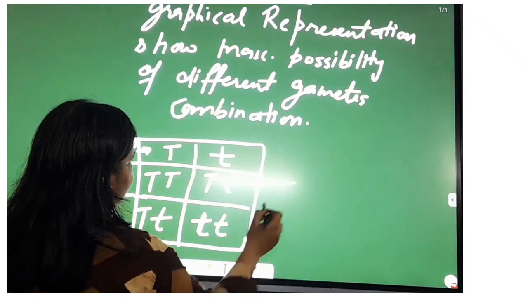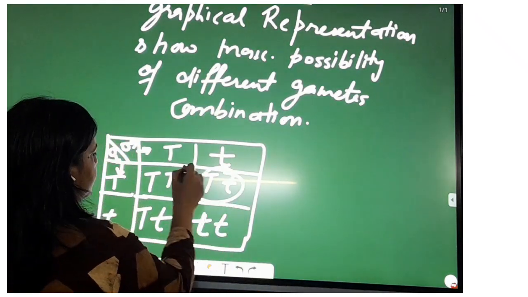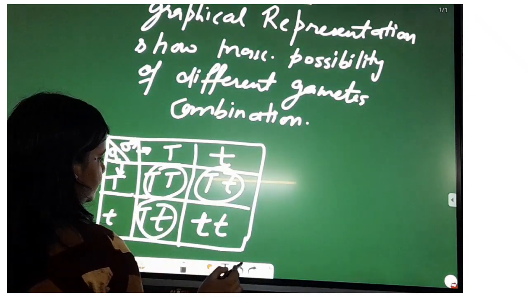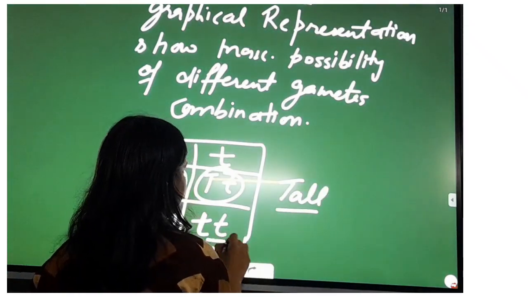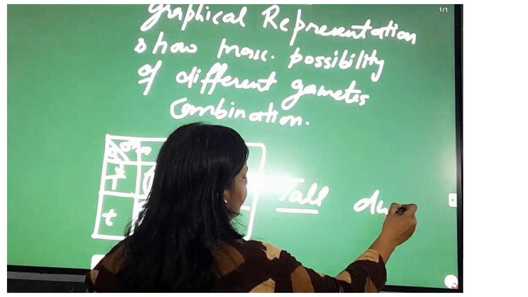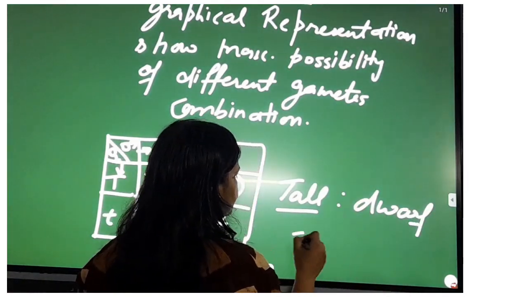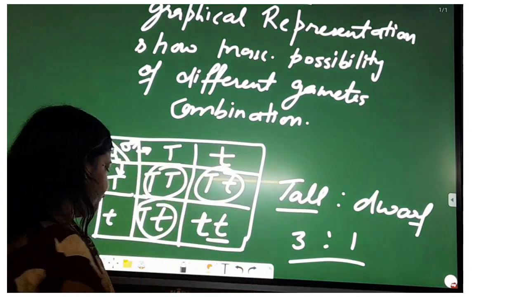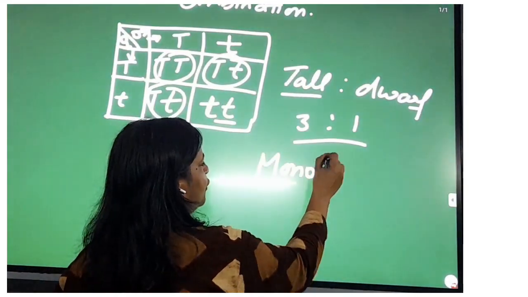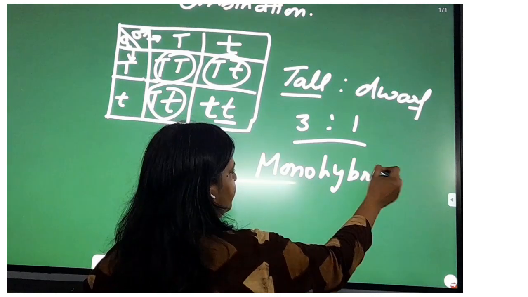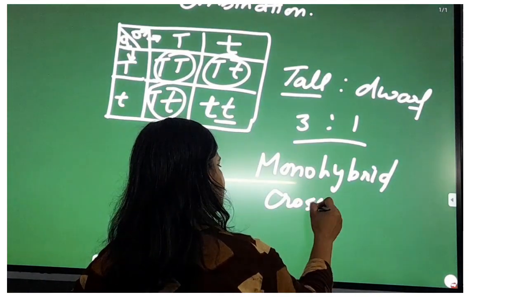From here you can see that three represent the tall character and only one represents the dwarf character. The ratio is 3:1, and this ratio is called the monohybrid cross ratio.